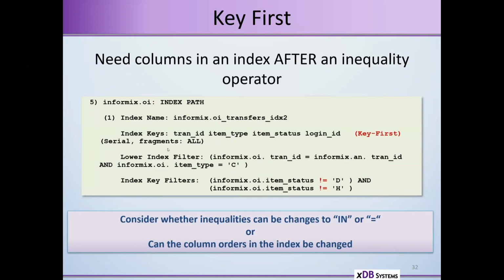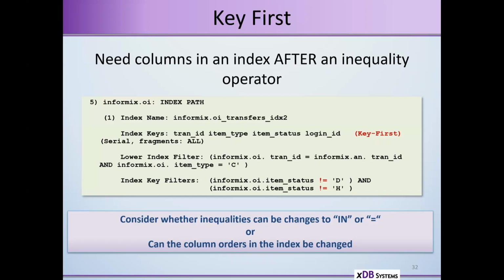So here in this example, we've got the value of tran ID and item type, our leading columns in our index, but item status is an inequality. We're saying where it's not D and it's not H, right? But because the query actually wants login ID for later on for another join, we'll get this key first here.